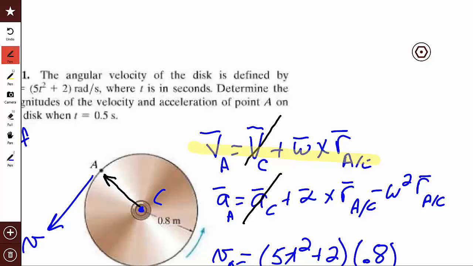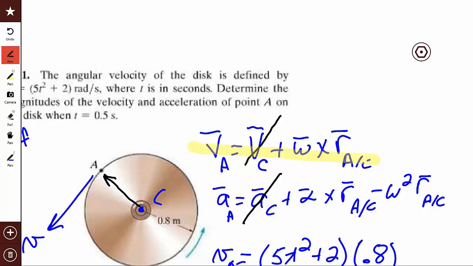Why that way? That's the way of the rotation. See the arrow? Here's the rotation. So it's going like this. So this is the speed of point A.